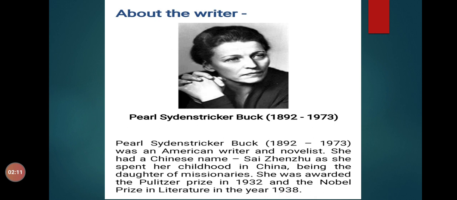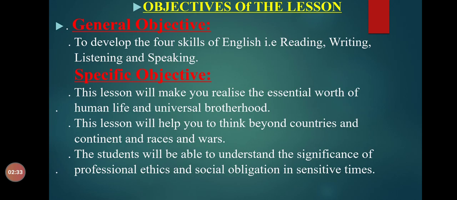Her notable works are The Dragon Seed, which was published in 1942, The Water Buffalo Children, published in 1943, and in 1960, The Christmas Ghost was published. These were a few notable works of Pearl S. Buck.